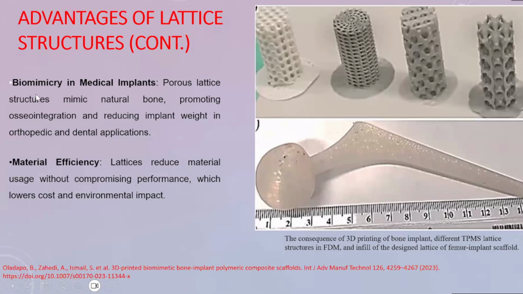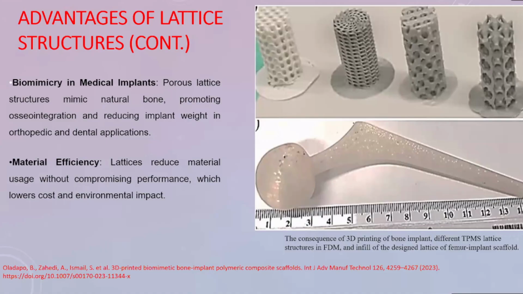And you can have this biomimicry. Biomimicry is an innovative field in medical applications where we can create a lattice structure mimicking the surface properties and the properties of the bone. Because the bone is not completely solid, it has a porous structure inside.